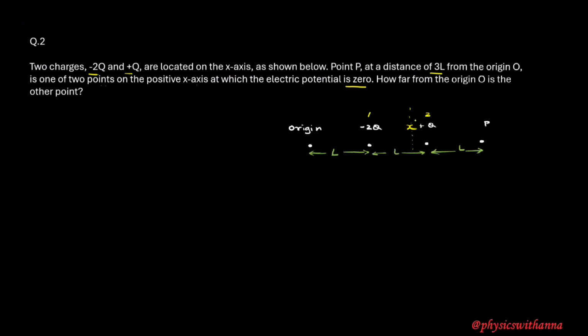Since the total potential at X is 0, we can write the total potential V1 plus V2, potential due to charge 1 plus potential due to charge 2, to be equal to 0. Since potential is a scalar quantity, there is no direction. We just add the two values and equate that to 0. So V1 will be equal to negative of V2.